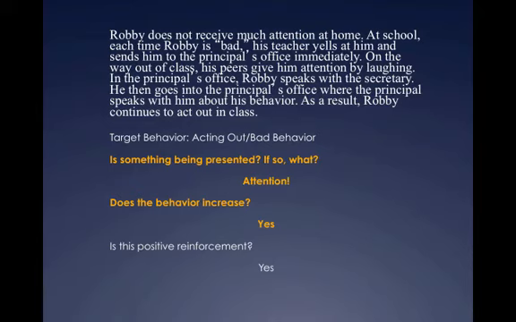And I feel like in class I've tried to point out a lot of these scenarios so that you can start thinking of things in a different way. This is another example of something you see in classes a lot. A child acts out, students kind of laugh at him, the students may even be mean to him, but they are providing attention. Right? I don't know about you guys, but we used to have students in high school that if they were disruptive, they would be sent to the hallway.